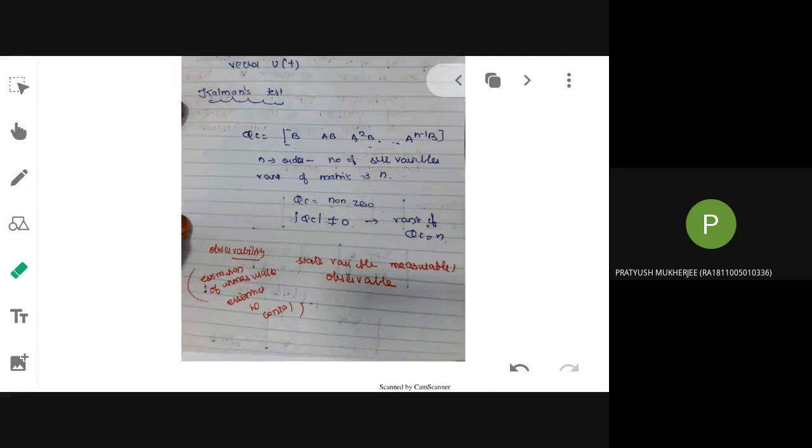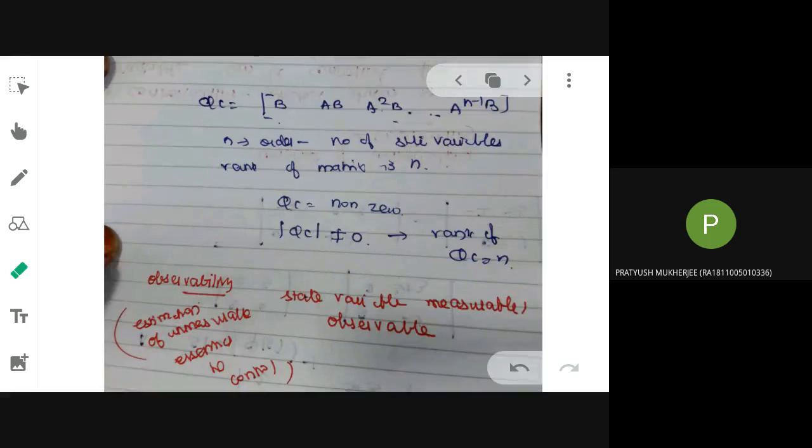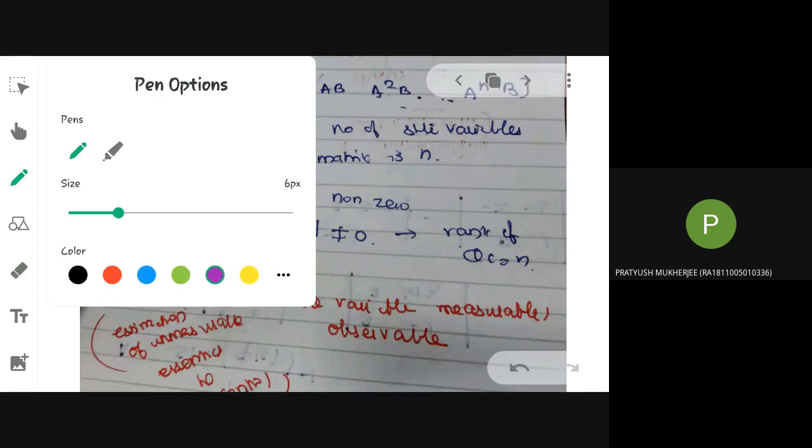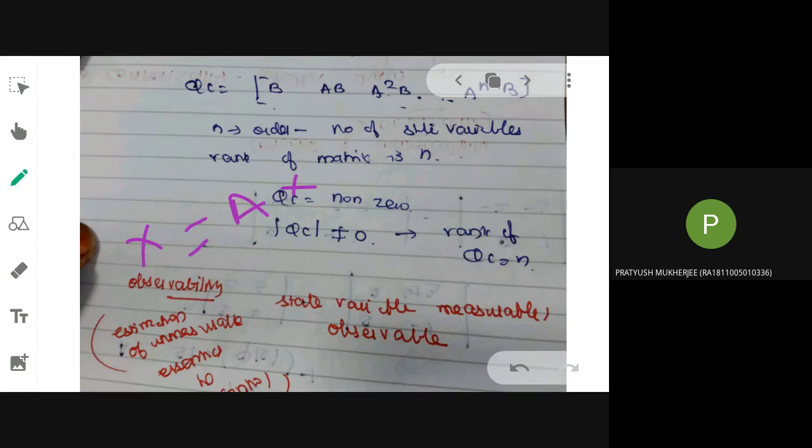Do you know what are B, A, B? I am giving you a formula B, AB. So how will you determine or identify what is B and A? For that system, in the problem, they would have given you x dot is equal to Ax plus Bu, y is equal to Cx plus Du. This is called what actually?